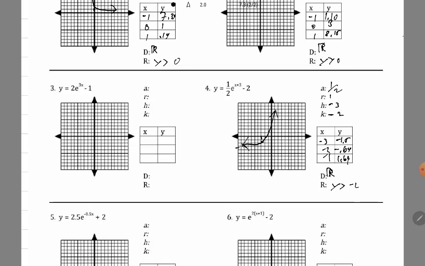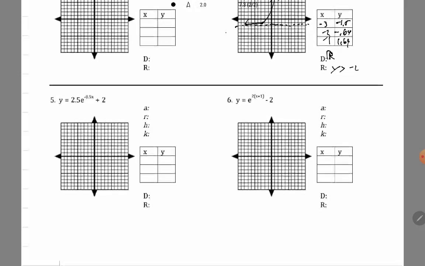So it's approaching this dashed line here at y equals negative 2, but it never touches. I drew this a little bit wrong, so let's redraw it again. Negative 3, negative 1.5. There we go. So it's always approaching this dashed line here, y equals negative 2, but never touches.